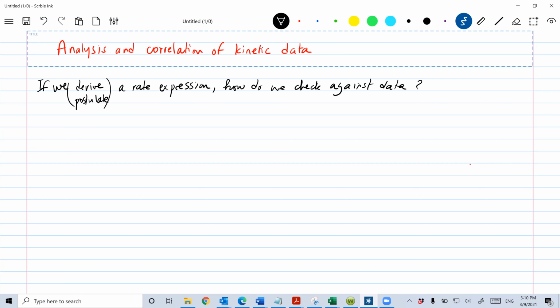One of the homework questions treats this idea that you can have two hypotheses lead to the same form of rate expression. So you need some experimental setup to help you figure out which one is correct.